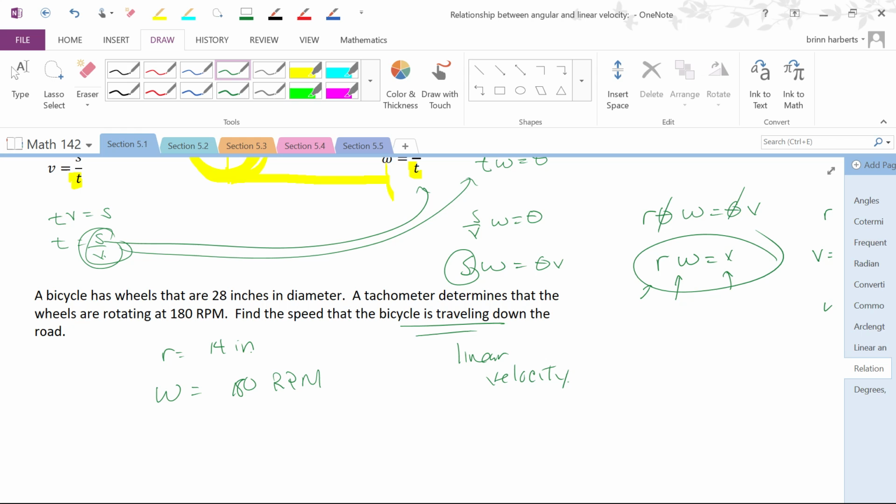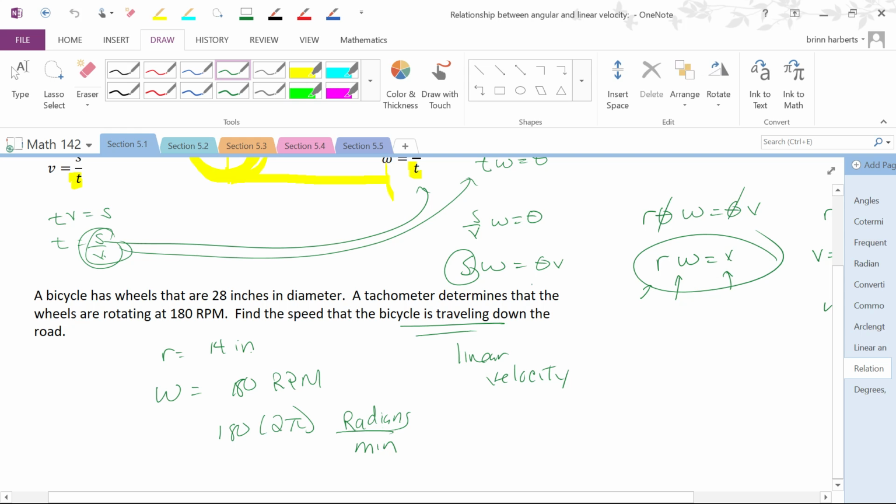I need to figure out what all this is doing in terms of radians. So 180 rotations per minute is going to be 180 times 2 pi radians per minute.